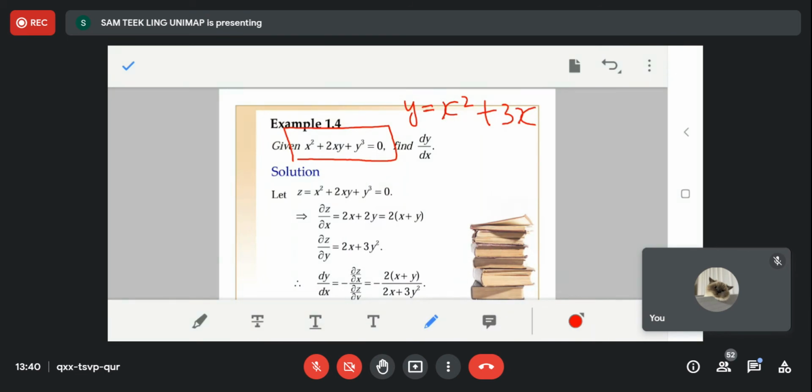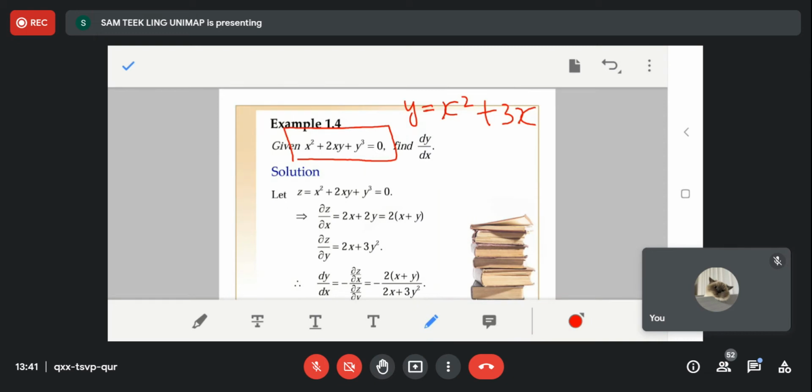One side is only y, and the other side is a function whose variable is only x.